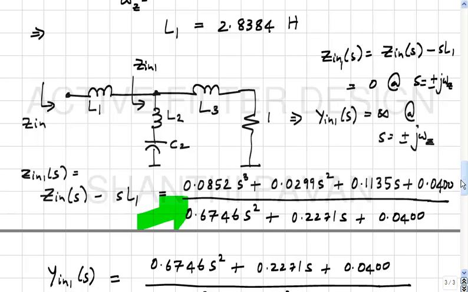The first admittance is that of the shunt arm, which is sC2 by 1 plus s squared L2 C2. The other admittance is this character here, which is Yn2. Does it make sense? All right.